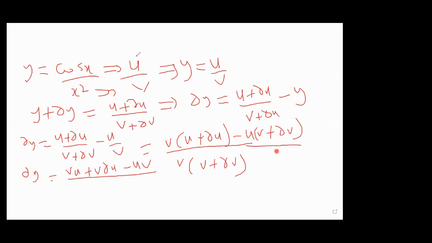There we now have minus U del V. Let me write that one properly. We have minus U del V. Then multiply this out, we give you V squared plus V del V.